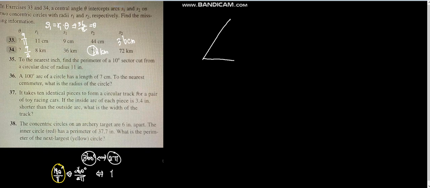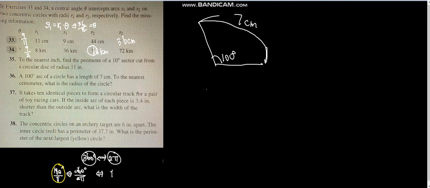no, a 100-degree sector. 100 degrees is about this, so this is 100 degrees. And you know that the arc is 7. Again, arc is r times theta, therefore 7 is r times theta. We know theta is 100 degrees. To convert this into radian, we multiply by pi over 180.